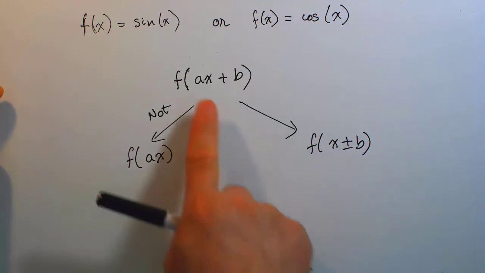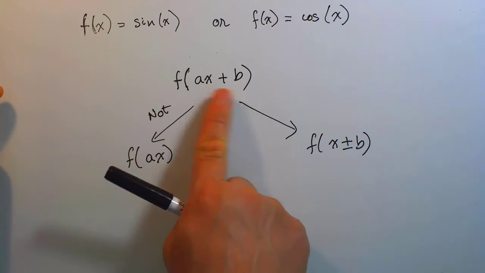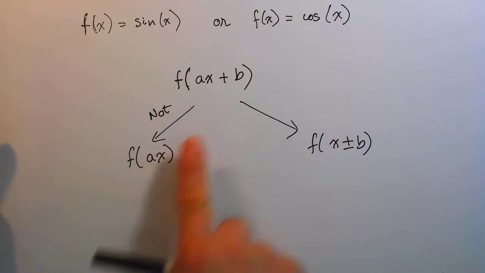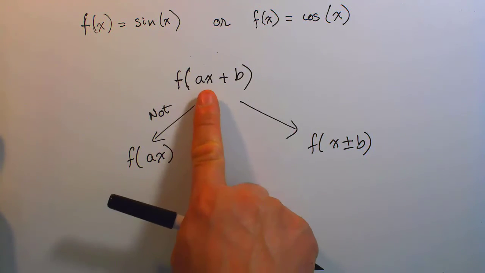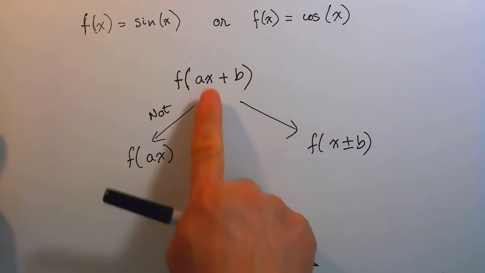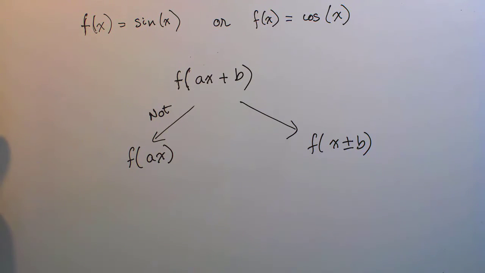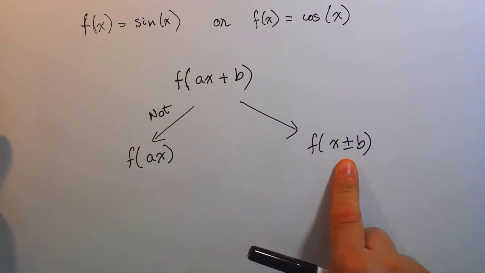But now it has both, and that's where the challenge comes. A complete linear expression like this has both properties: it will change the period, and it will change the start and end of our base unit.